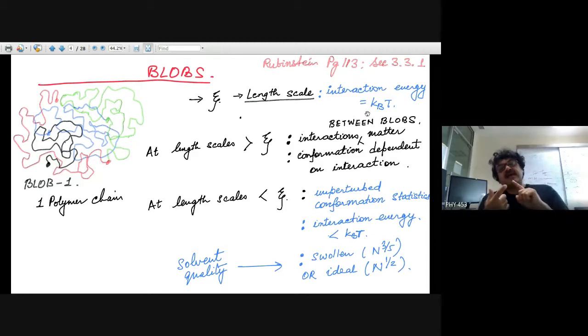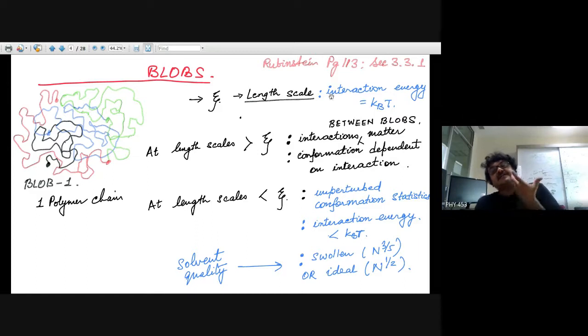So monomers at times are touching each other and at times are not touching each other, right? On average the number of contacts might be less, but as you increase the segment of the chain, there is more probability of contact between monomers.